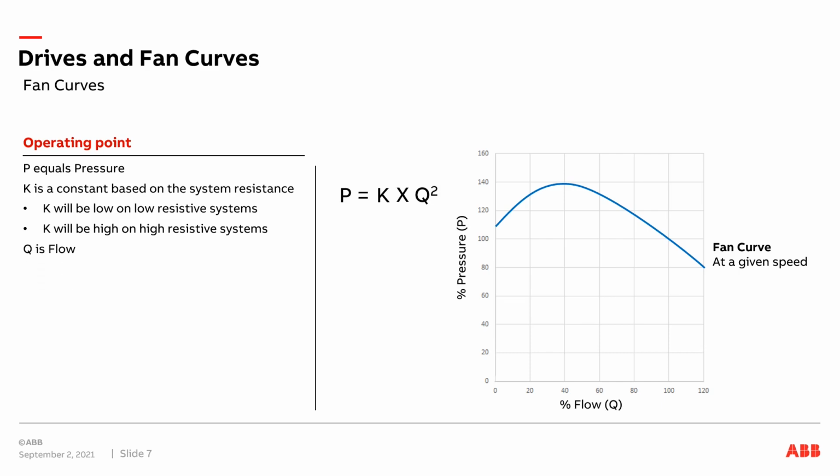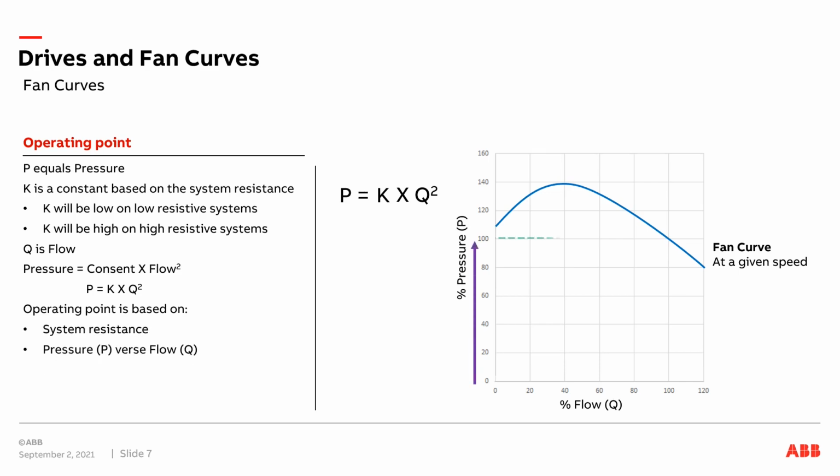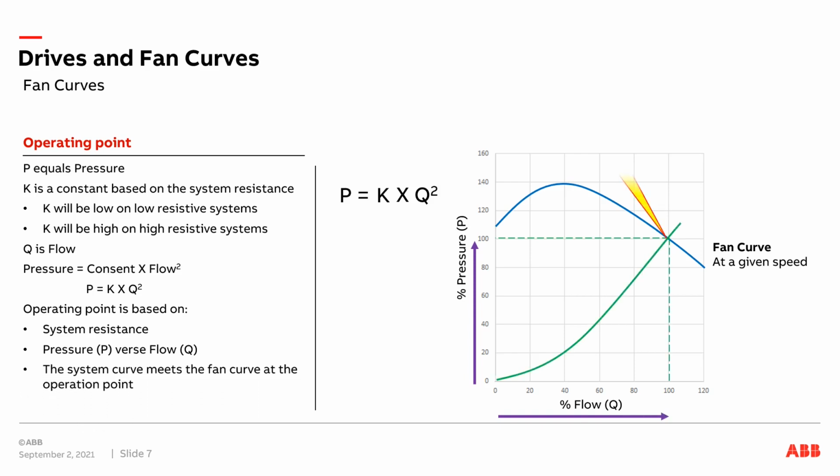Flow is shown in a percentage on the horizontal part of the graph. Pressure equals the constant times flow squared. So P equals K times Q squared. The operating point is based on the system resistance, the pressure versus flow, as shown. Where this point meets the fan curve, this is called the operating point.